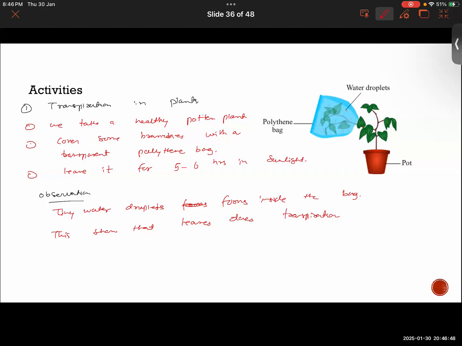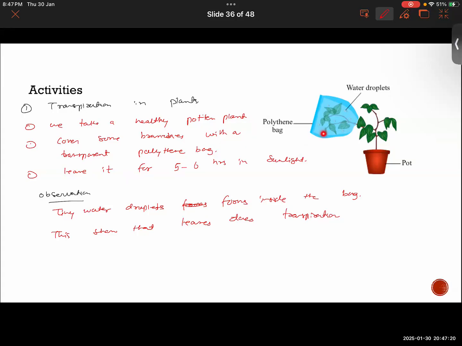Okay, so basically in the activity you have covered a branch with a polythene bag. Halima, just mute yourself for a minute. So this branch is covered with the polythene bag, and the plant is kept in the open sunlight for a few hours. After 5 to 6 hours, when you touch the inside of the polythene bag, it becomes moist as tiny water droplets have formed in it.